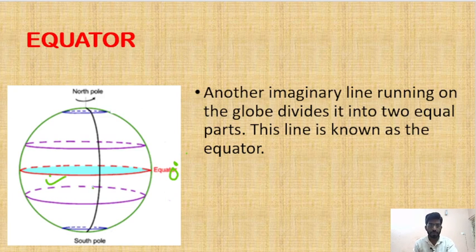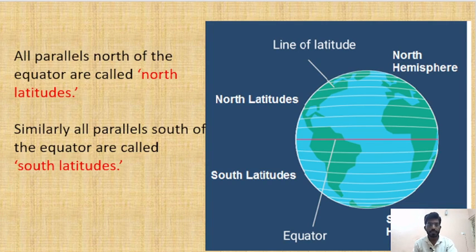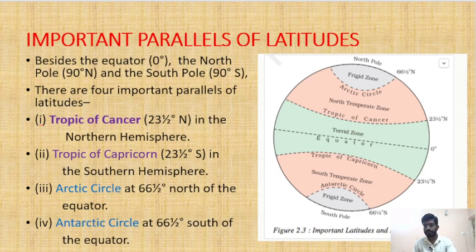Here we have to know about some important latitudes. Look here. This is the 0 degree latitude, called the equator. This is the northern hemisphere, this is the southern hemisphere. Here you are observing 23 and a half degrees north latitude.